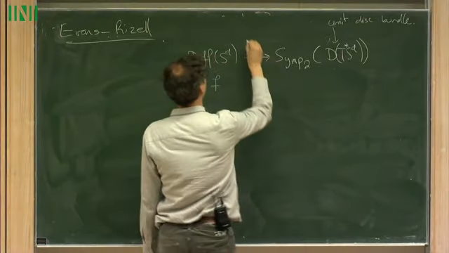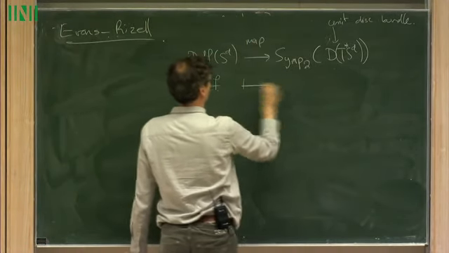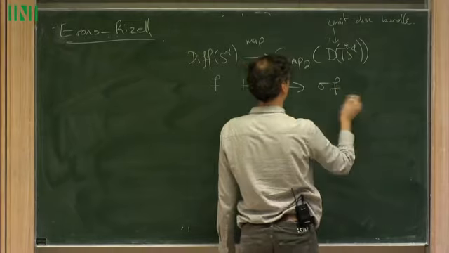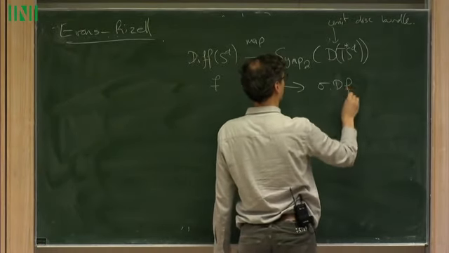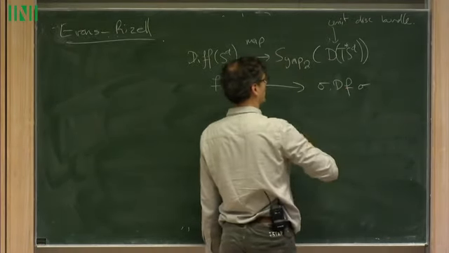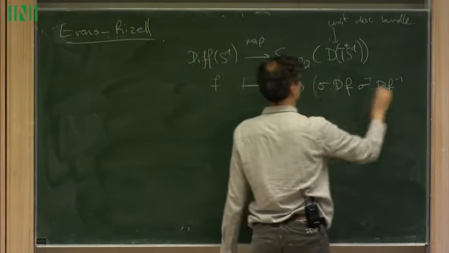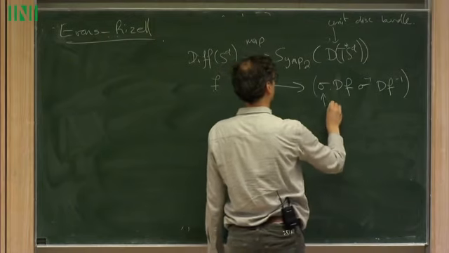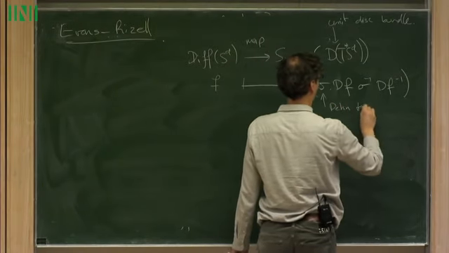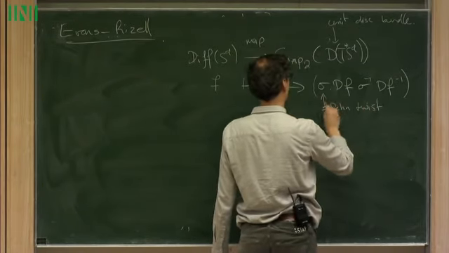This is not a homomorphism, this is just a map. And you map it to the derivative of f in a bigger sigma inverse, df inverse. And this is a Dehn twist. And if you want to be precise, it's a half Dehn twist.